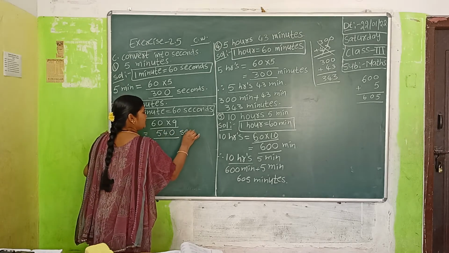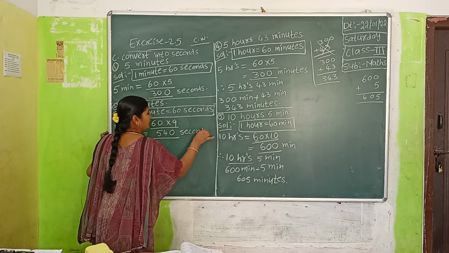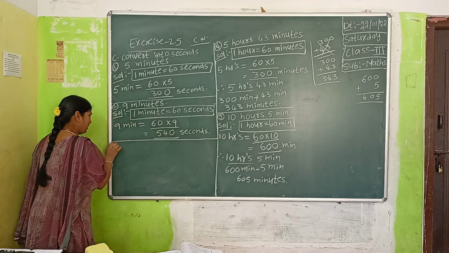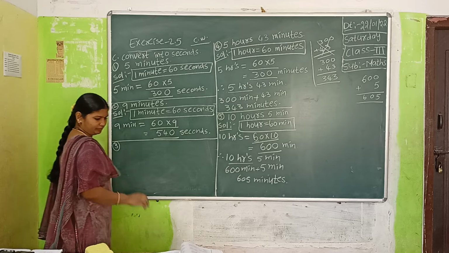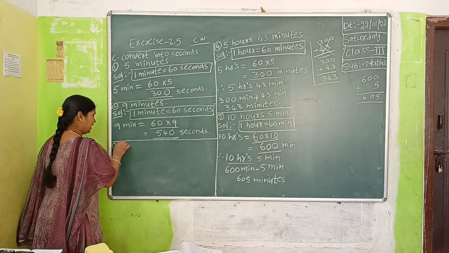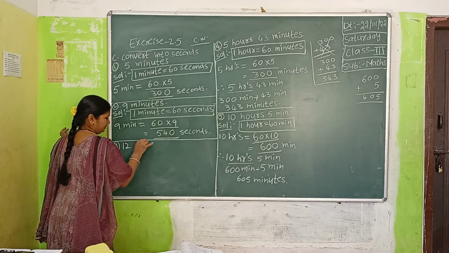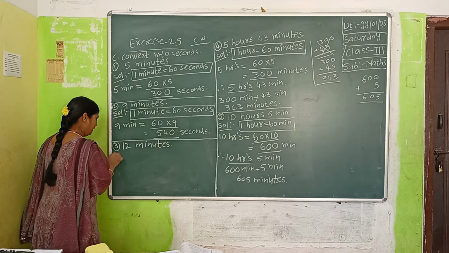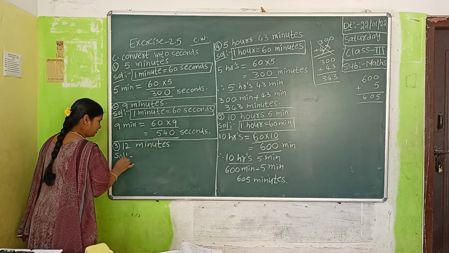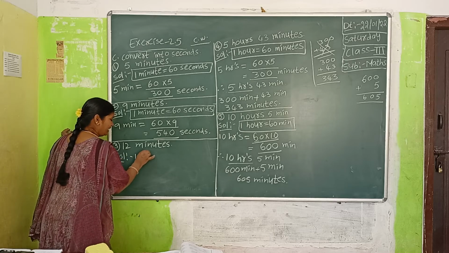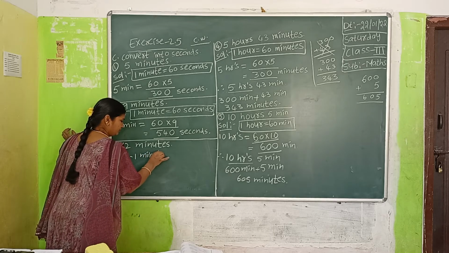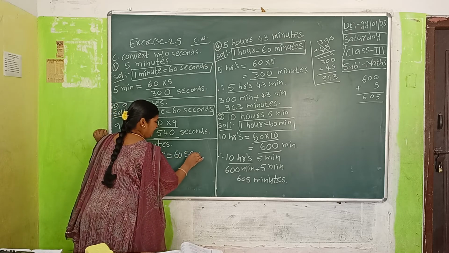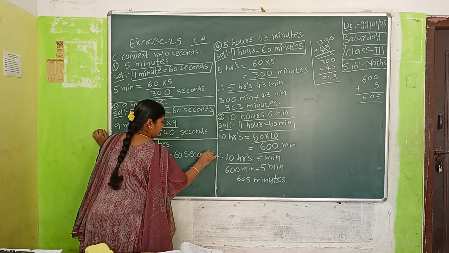300 what? Seconds. Okay, children. Now same like this. Third one, 12 minutes. Here also you have to write down 1 minute equal to how many seconds? 60 seconds.